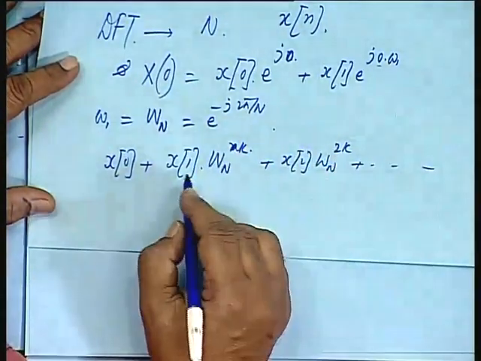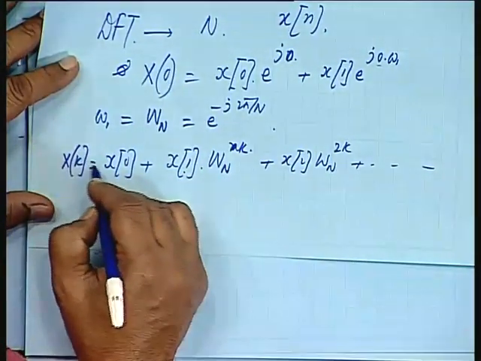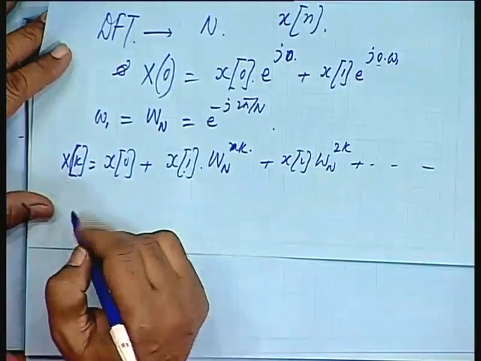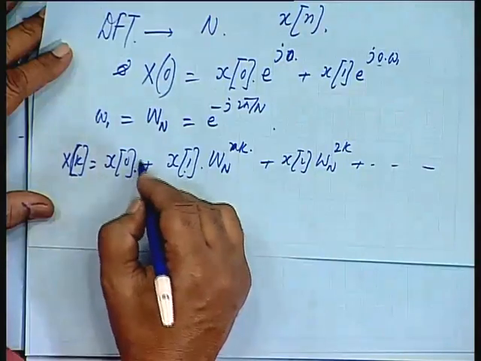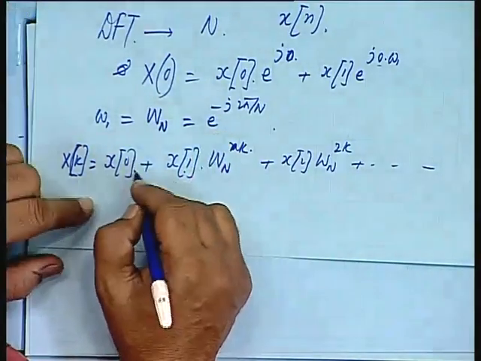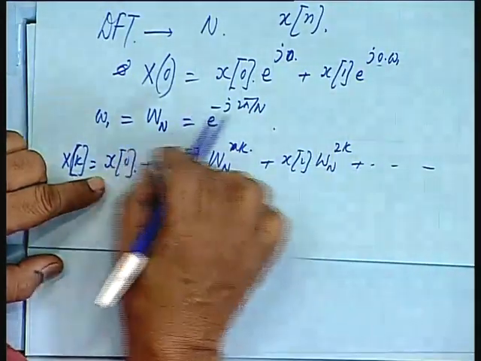So, how many multiplications are there? For computation of any Xk, how many multiplications are there? This is multiplied by wn0, there is a multiplication here. So, how many such terms are there?